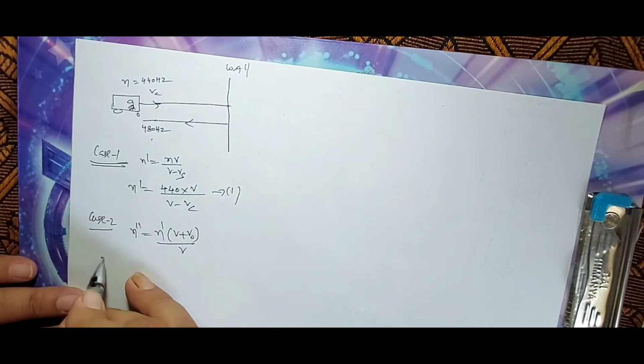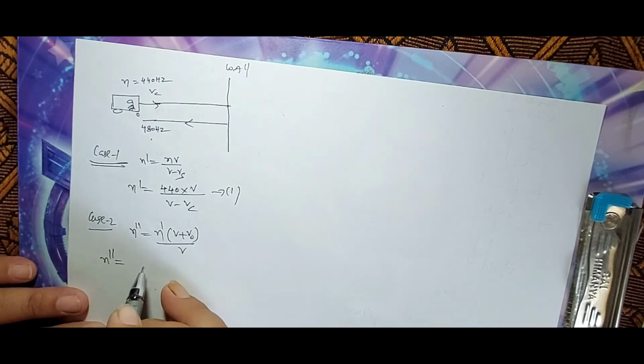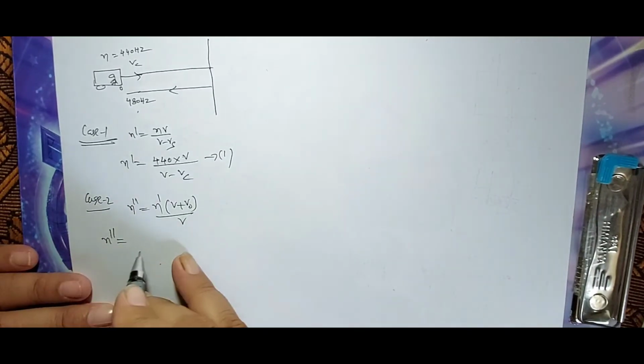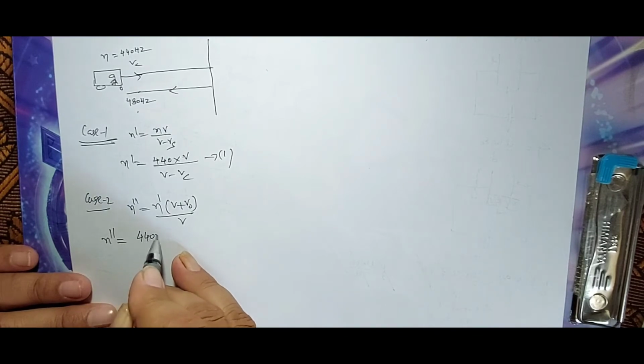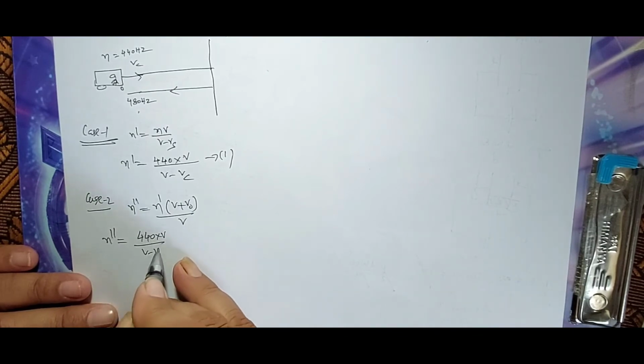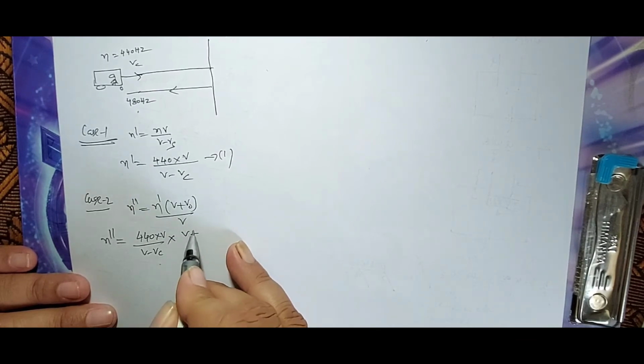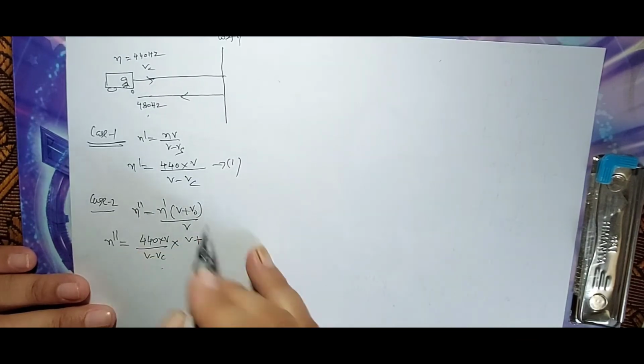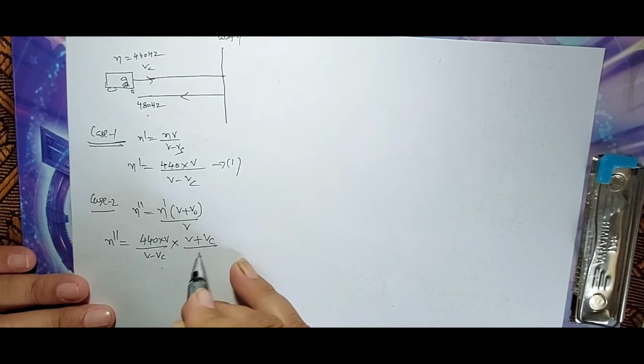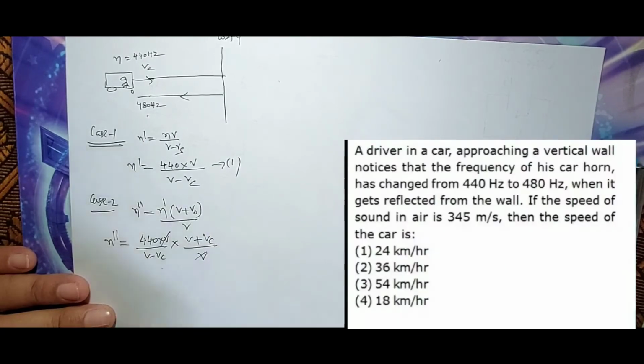Now, n double dash is equal to, what is n dash here? N dash is equal to 440 into V by V minus Vc, into V plus V naught, that means the car's Vc, divided by V. Here V cancels.